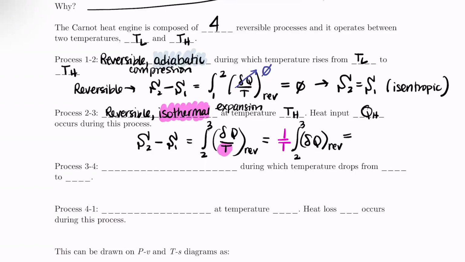We're already told QH is what's input from states 2 to 3, so our integral of dQ just gives us Q23 over TH, which is just a positive QH over TH. I put this positive here because heat is input. So when we have an input of heat, that's positive. Keep in mind that this means that our change in entropy is greater than 0.